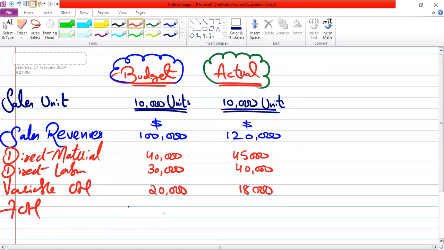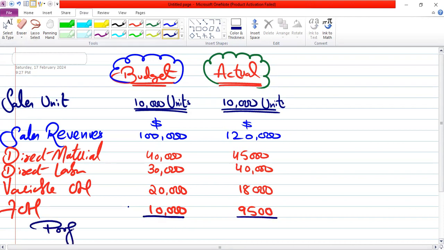Fixed overhead, like rent or fixed type of cost, was supposed to be 10,000, and now I made it possible in 9,500. Might be I asked a discount from the landlord and he agreed.